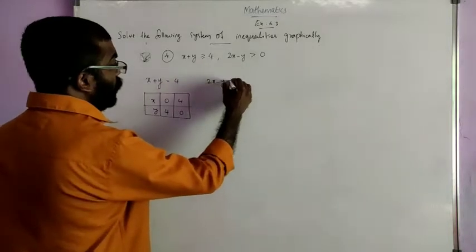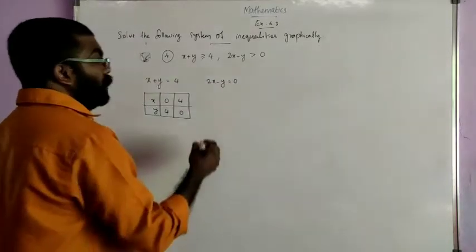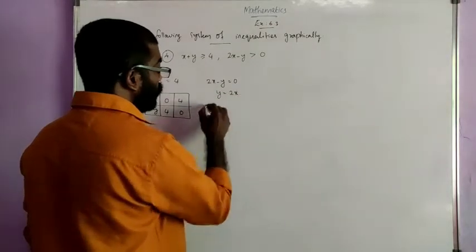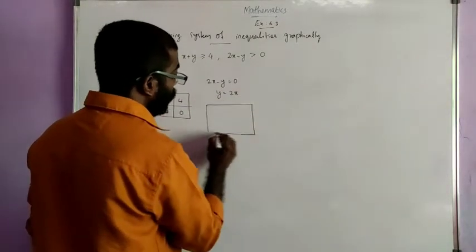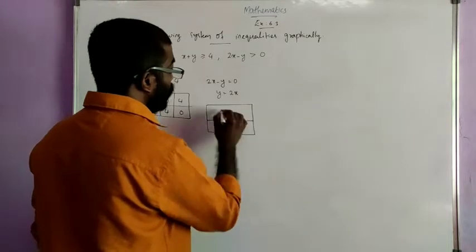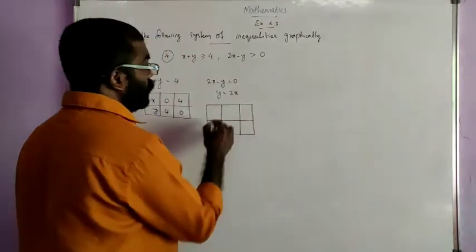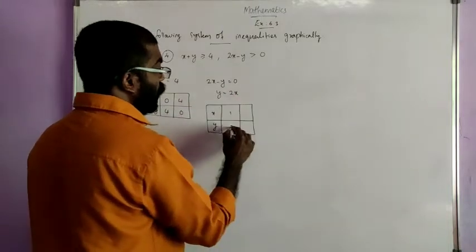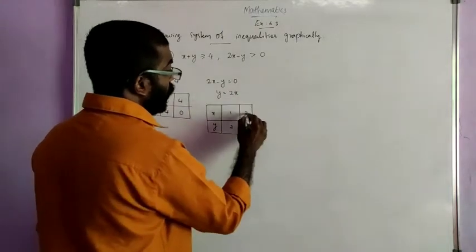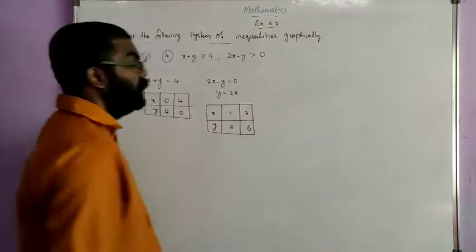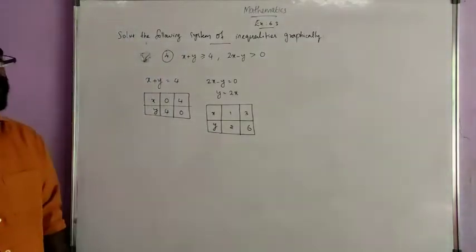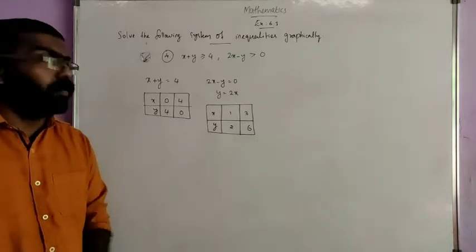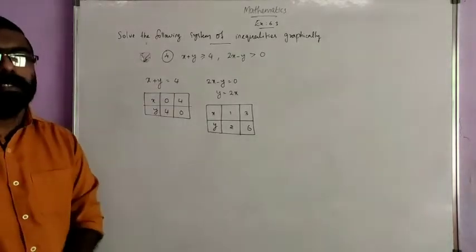And 2x minus y equal to 0, so here we can write y is equal to 2x. x, y: when x equal to 1, y equal to 2, and when x equal to 3, y is equal to 6. Okay. Now we can draw the graph, two straight lines for these two equations first.